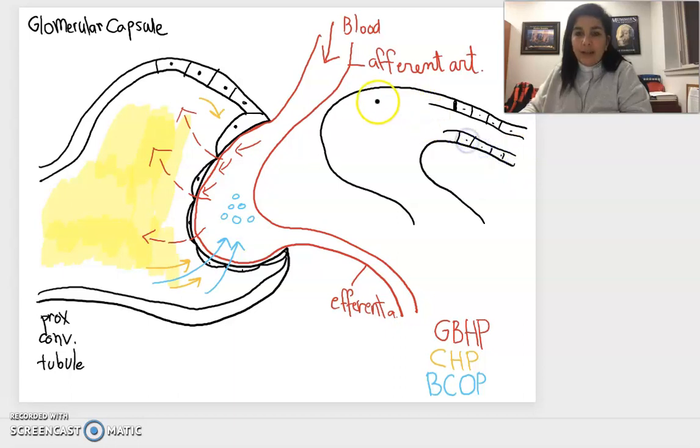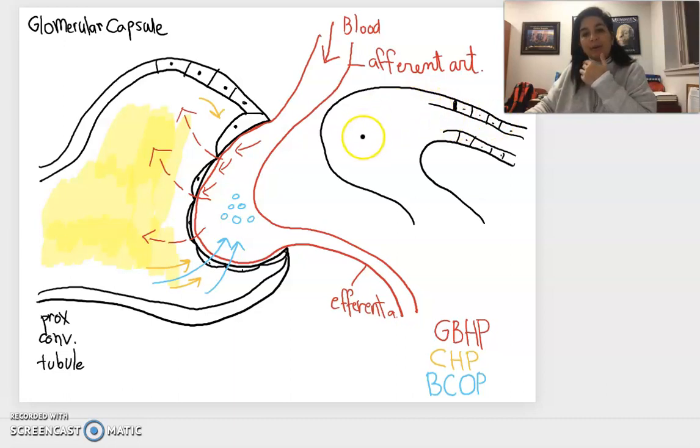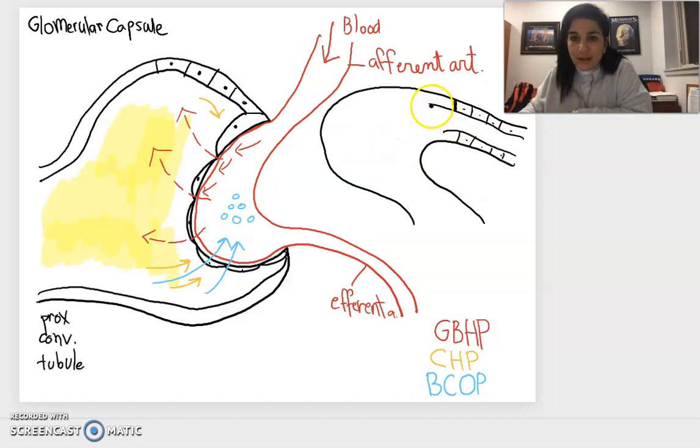However, in this portion of the tube, the convoluted portion that comes next to the afferent arteriole, think of it as the part that checks on the afferent arteriole. This is where we're going to have very specialized cells right here that are part of what we call the Juxtaglomerular Apparatus.